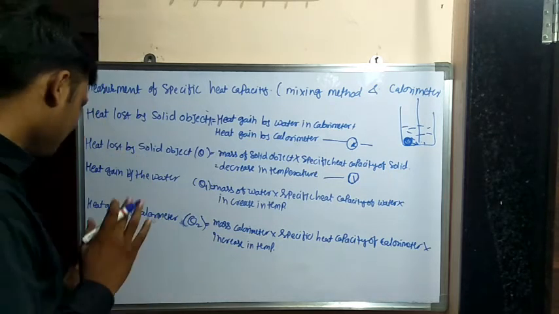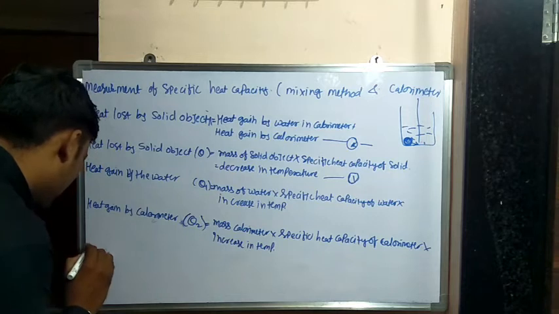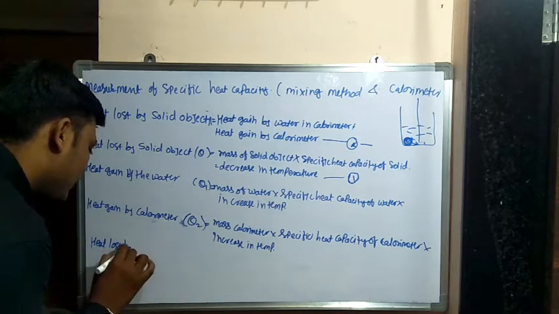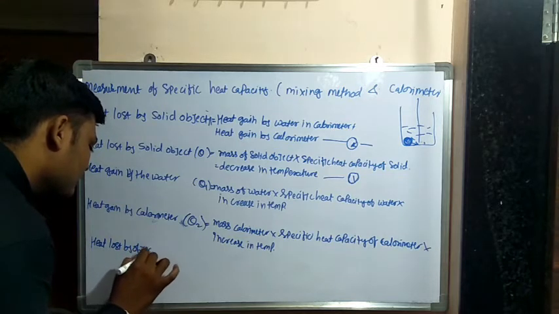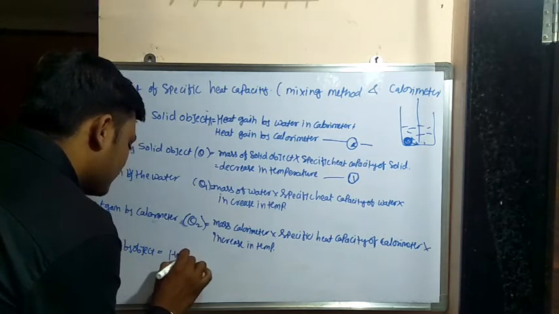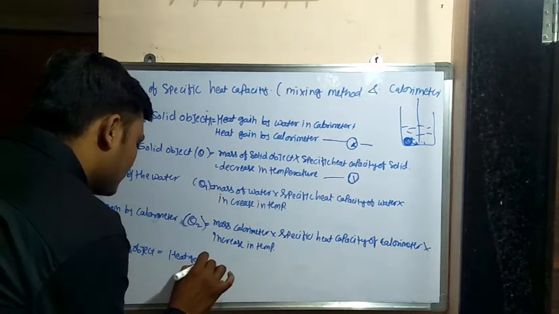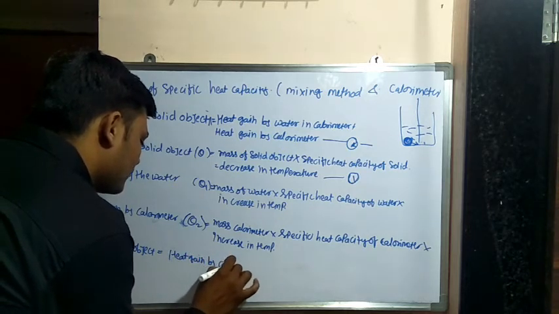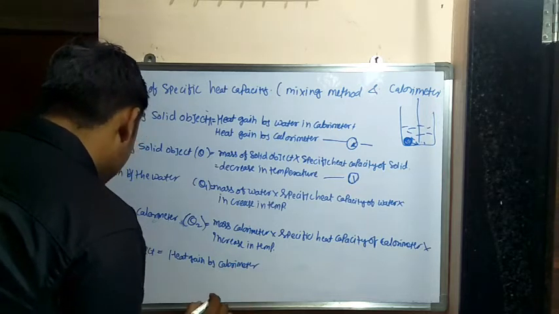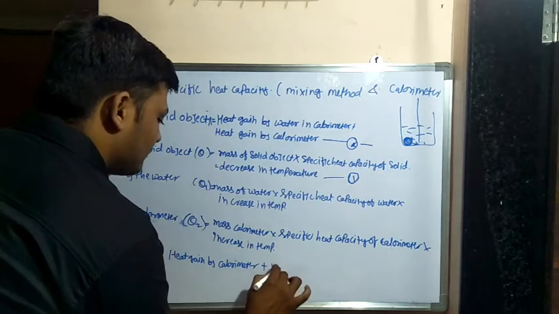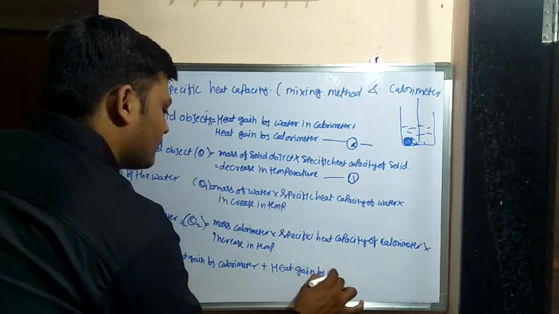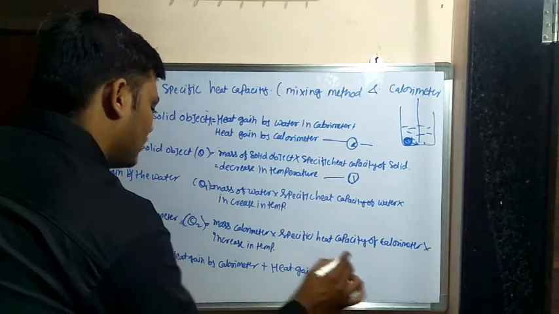Okay students, now here heat lost by the object is equal to heat gained by the calorimeter plus heat gained by the water.